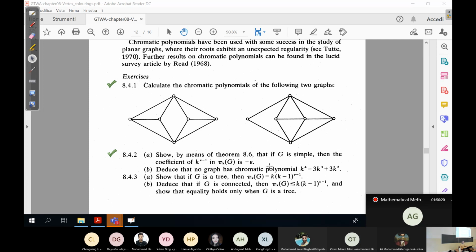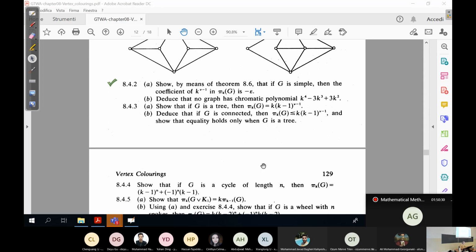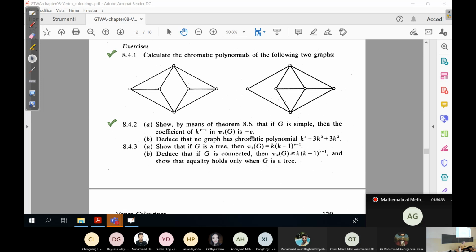And I'm not going to prove it anyway, because I want to go on in the theory instead, and it is a nice exercise anyway. And above all, keep in mind that this is important. You must have this as the coefficient of k raised to n minus 1. If you don't get this, you are surely wrong, okay?